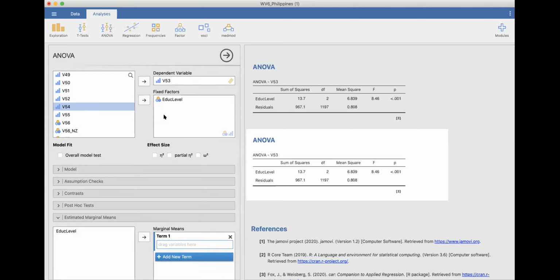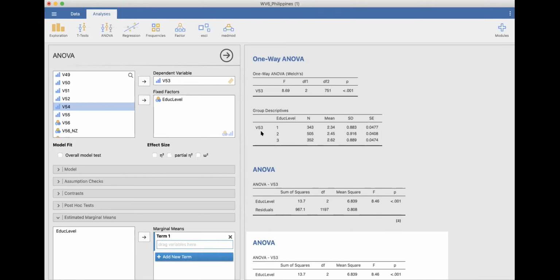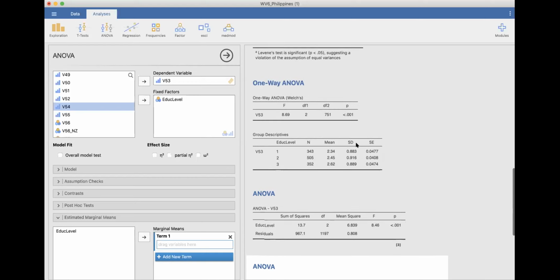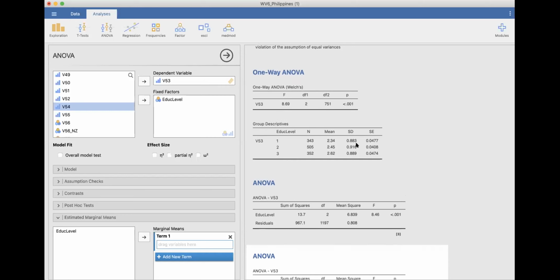What we don't know yet, because there are three groups, is how they are different, right? Oh, okay, so this is what I don't like about the ANOVA function. In one-way ANOVA you can ask for the means, but I'm not seeing where you can ask for the means in ANOVA. Anyway, let's take a look at this one first. So, based on the means, what are you seeing as the pattern?